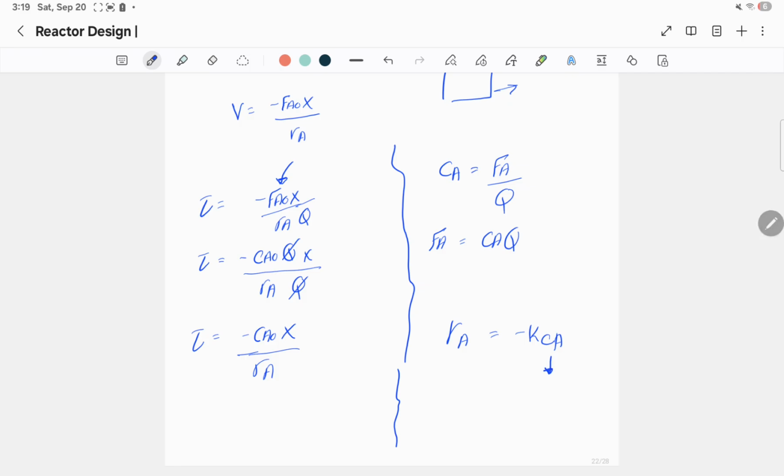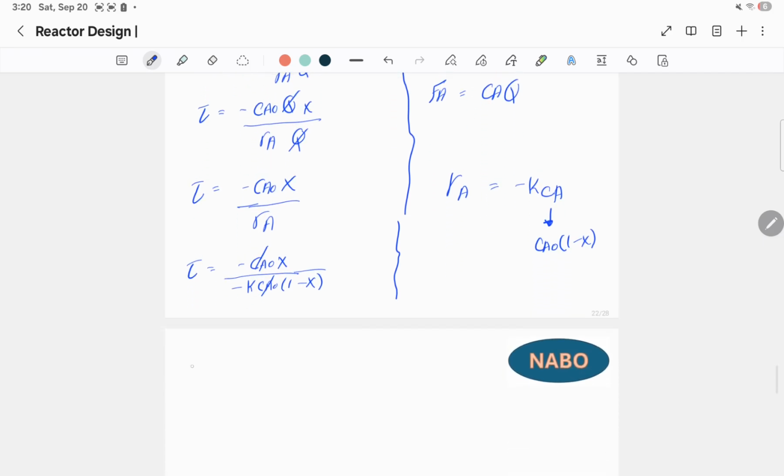Also for the CA, the concentration, we'll write that in terms of conversion, X. Therefore, the space-time equals negative CA naught X divided by negative K CA naught times 1 minus X. Therefore, we can cancel the initial concentration and the signs. We'll be left with X divided by K times 1 minus X.